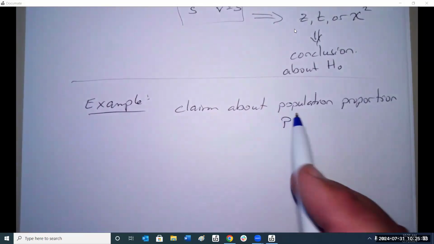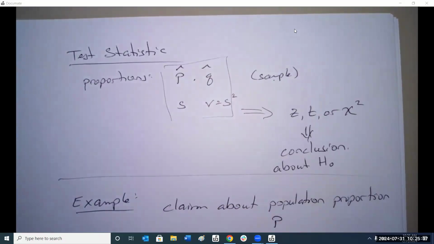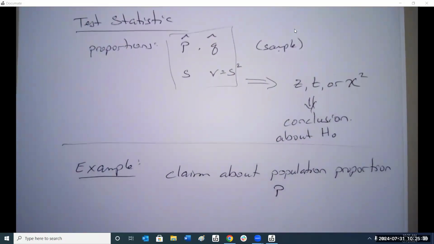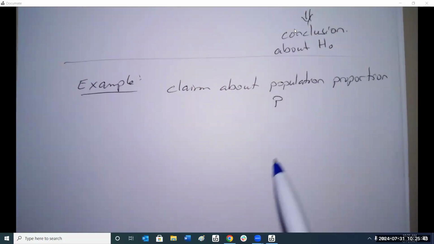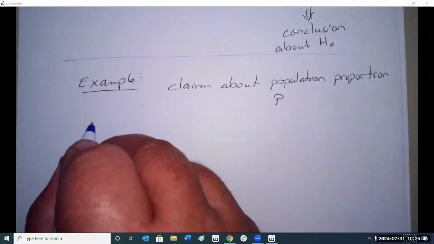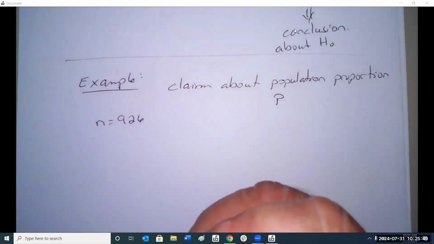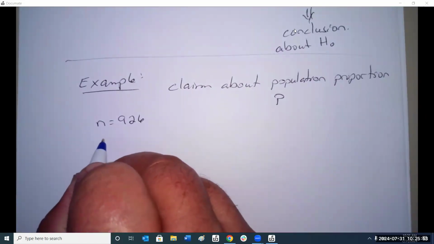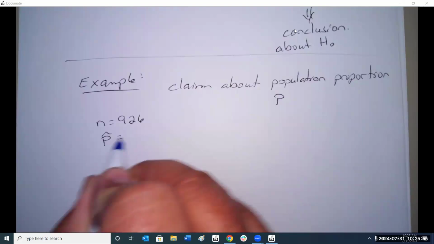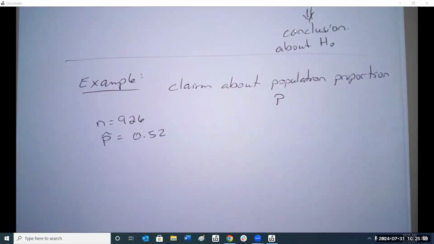It doesn't have a hat. If it has a hat, then it means it's of the sample. From our example 1, our N was 926. Our P hat was 0.52.